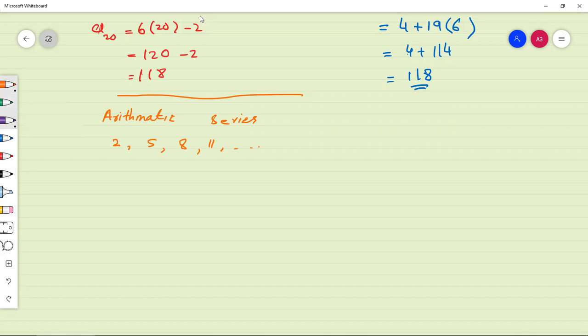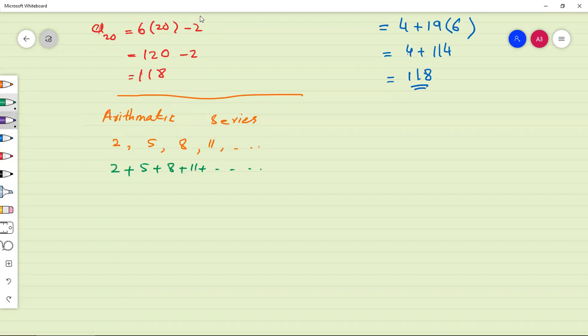Which sequence is called a series? If I put a plus sign between the terms, 2 plus 5 plus 8 plus 11, then this is called a series. It means we have to find the sum of some particular number of terms.